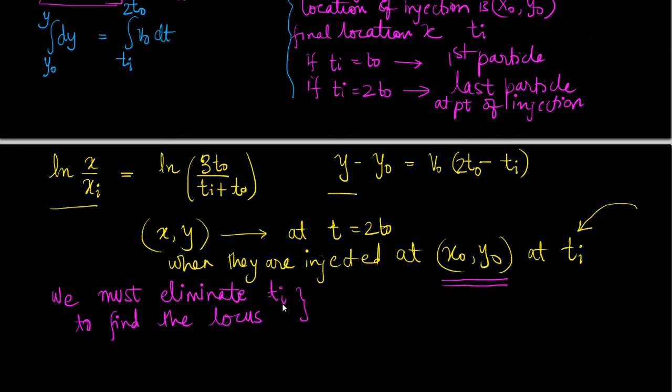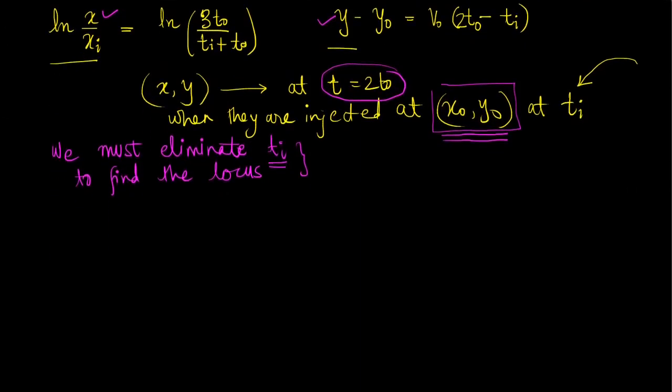This parameterization is very similar to the parameterization that you have done in mathematics in class 11 and 12 to describe the equation of a circle, that is x equal to r cos theta, where theta is now the parameter, y equal to r sin theta. You can eliminate theta from the equation by squaring and adding. Similarly, we must now eliminate ti to find out the trajectories of all x and y which pass through a point x naught y naught and end up finally at a time t equal to 2 t naught in the domain. How do we do the elimination?